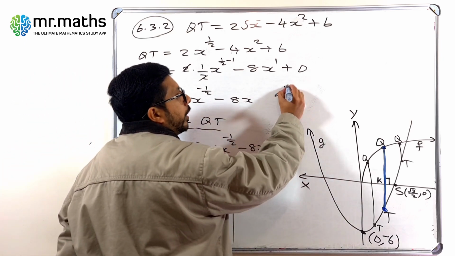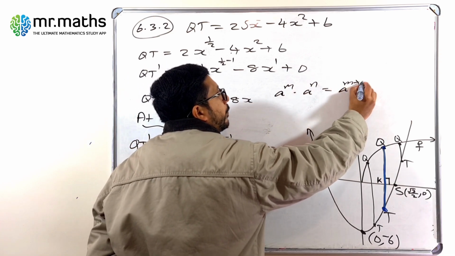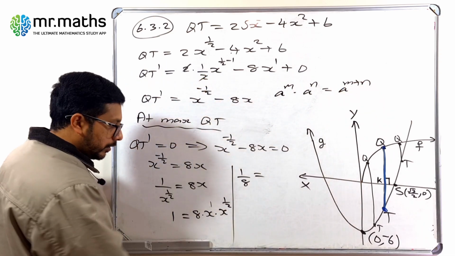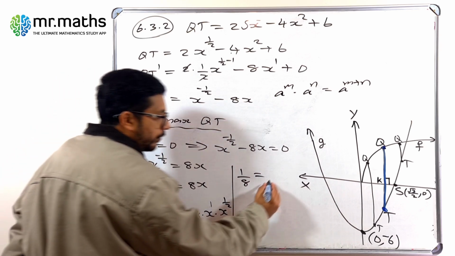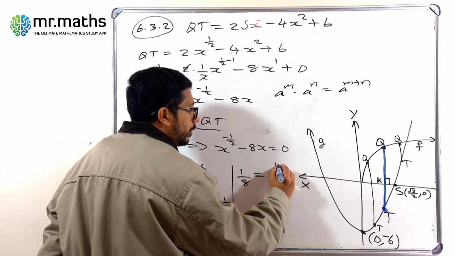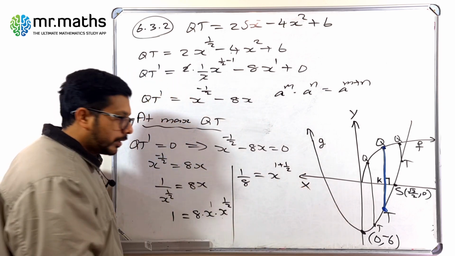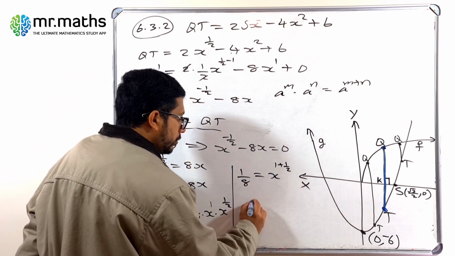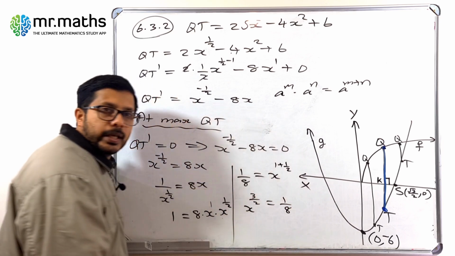A raised to m into a raised to n, a raised to m plus n. Okay, so similarly x raised to 1 into x raised to half, x raised to 1 plus half. 1 plus half is 3 by 2. Am I right? Okay, so x raised to 3 by 2 is equal to 1 over 8.